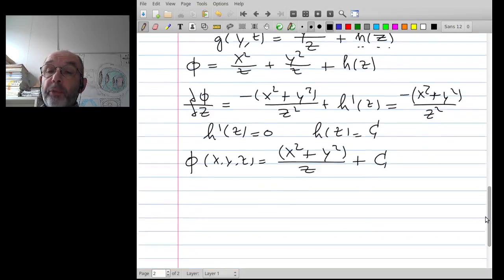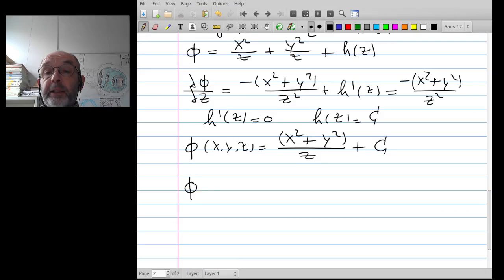Now, often in the exercises there is given some point where the potential is given, and you see here that the potential at (1, 1, 1) has to be equal to 3. Then you fill in 1, 1, 1, and what do we have? We get 2 divided by 1 plus c, that has to be equal to 3.